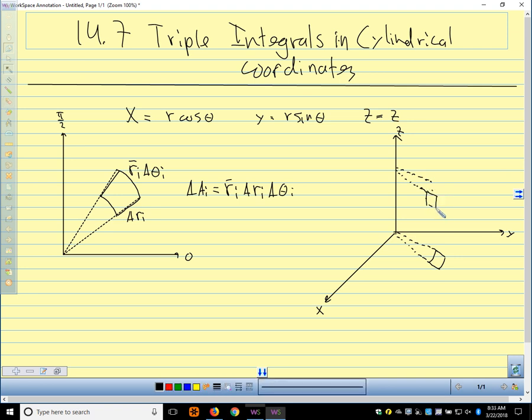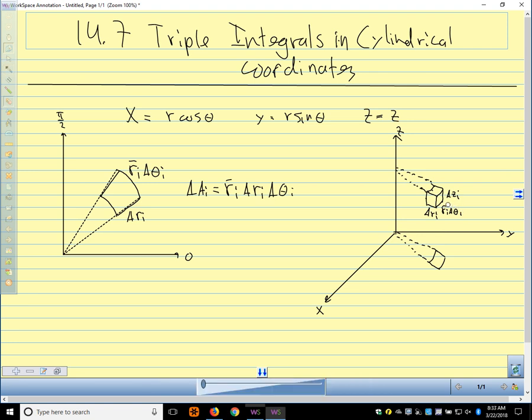So that's going to be our side, but this edge and the front edge are curved. And so this little side of our little chunk of the cylinder is going to be delta r sub i. This piece is r bar sub i delta theta sub i. And the height here is delta z sub i.